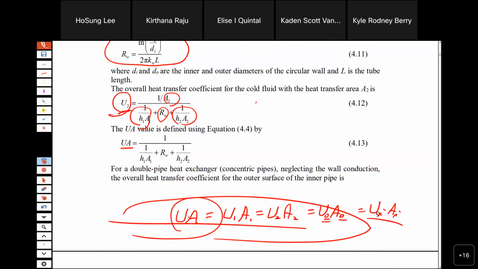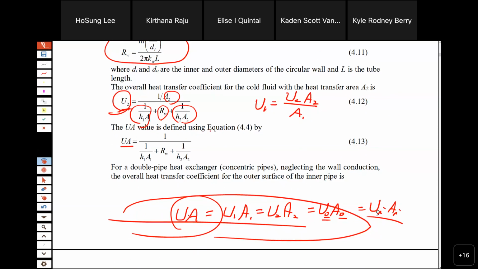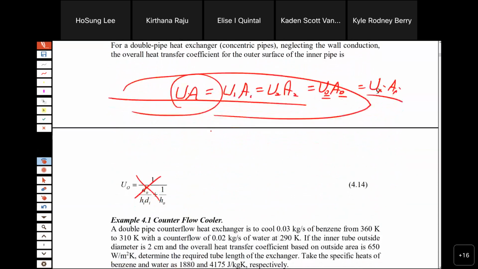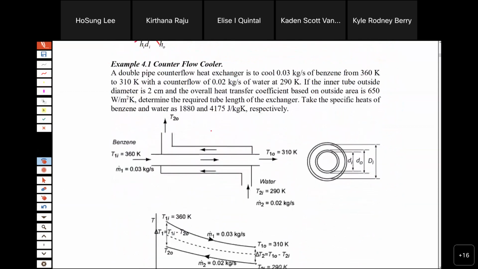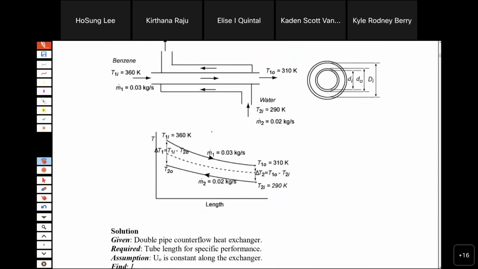So you can even calculate U1 because of U2, A2, isn't it? So whatever you can calculate. Example, you can look at it.